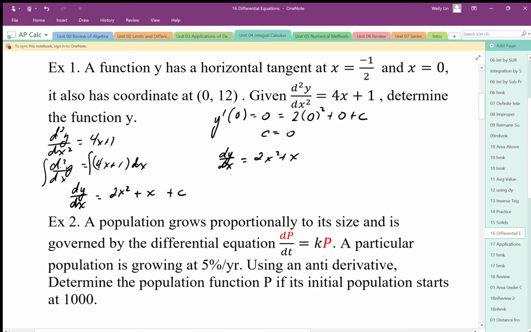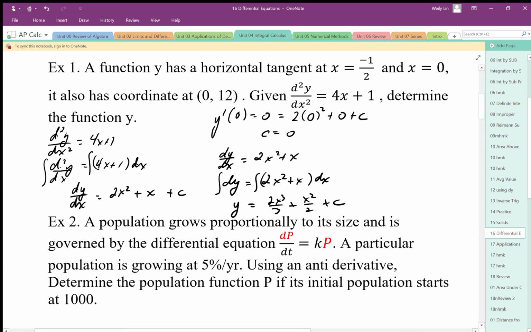I'm going to do the same thing again, and I want to split up the dy and dx. I'm going to say the change in y is equal to the derivative function times dx, and then integrate both sides. So I get y is equal to 2x cubed over 3 plus x squared over 2 plus c. Then we can solve for the c using this term here.